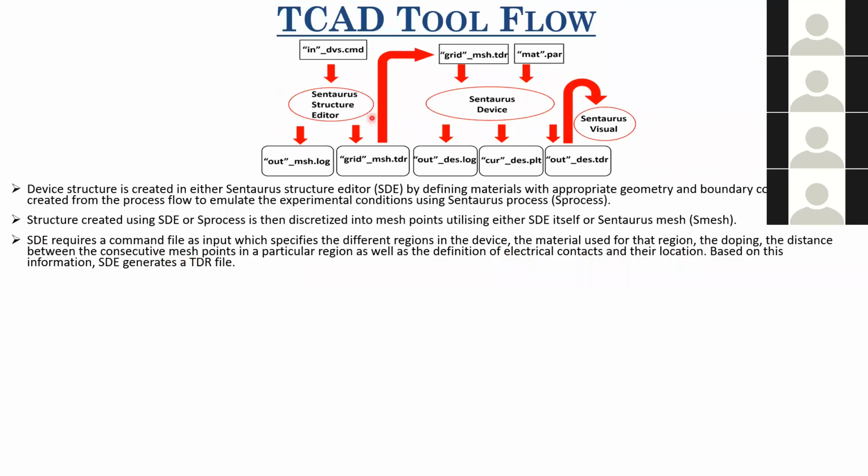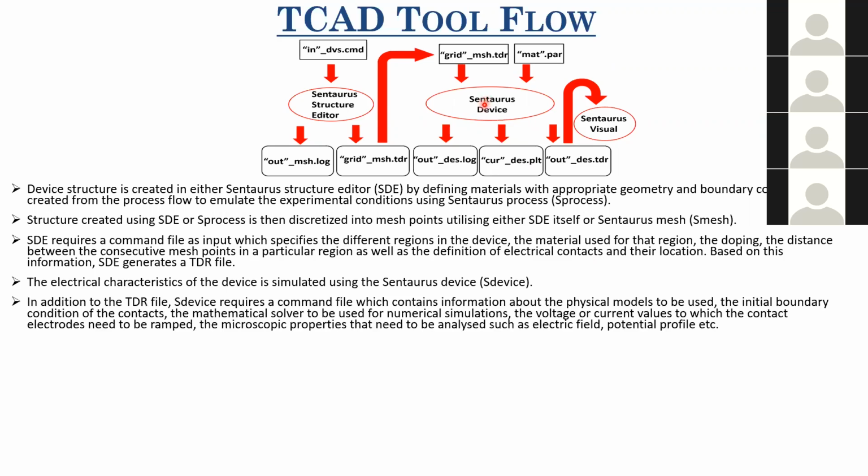With that information, along with the definition of the electrical contacts and their location, the Centaurus device simulator also takes in information about the physical models to be used, that is, the physical models that govern the device physics of this structure.